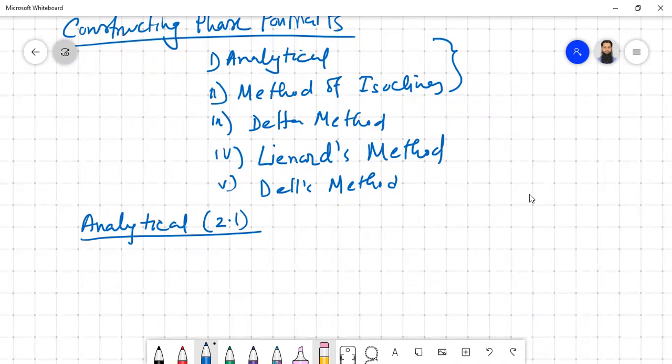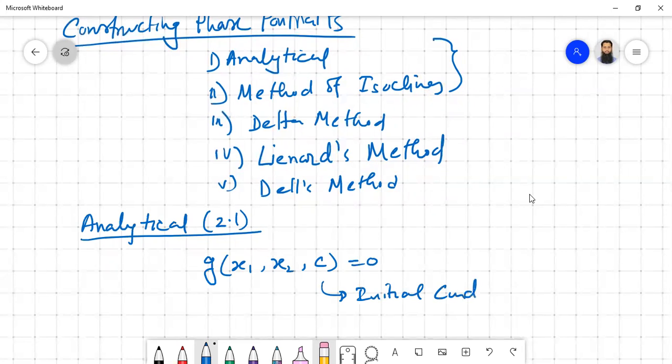The bottom idea is to find a relation between the two phase variables, a function something like this, x2 in terms of x1 and some constant C. C can be the initial conditions, or sometimes an external input.